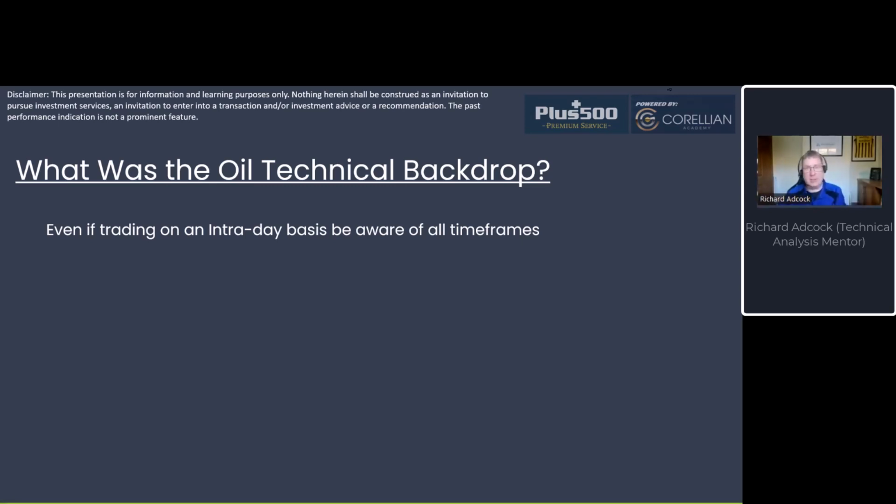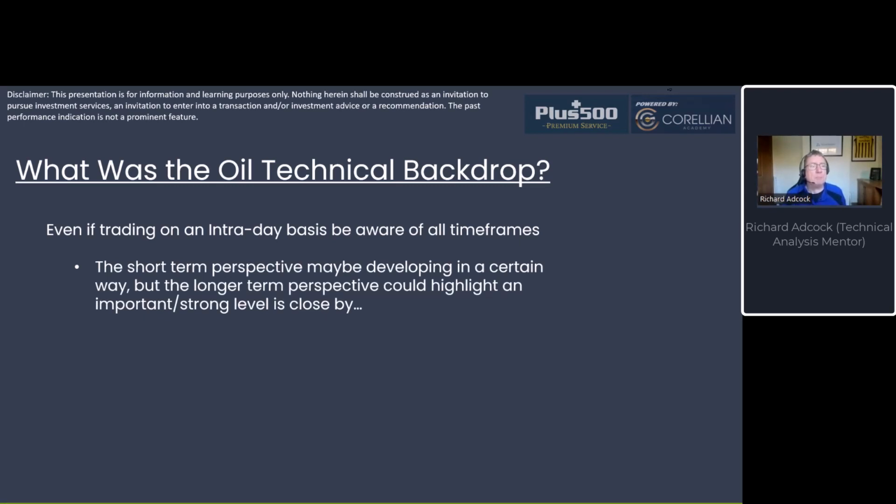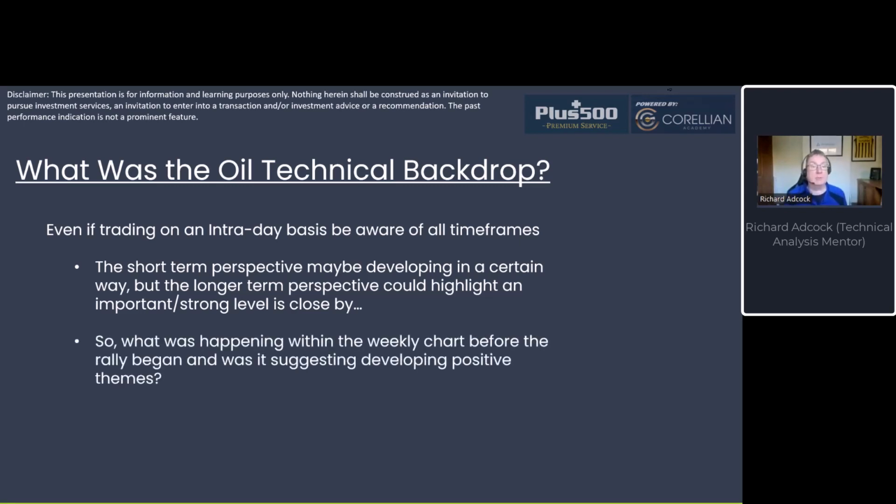So if you're trading on an hourly or 4-hourly basis, always look at the daily chart, always look at the weekly chart, because the short-term perspective may well be developing in one way, but a longer-term view, a daily or weekly chart, could be highlighting that the market is now approaching an important or strong level, be it support or resistance, and that may have implications for the activity within the shorter-term perspective.